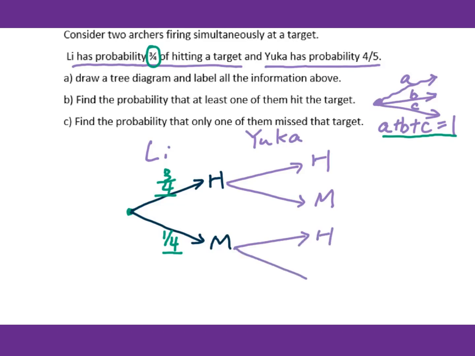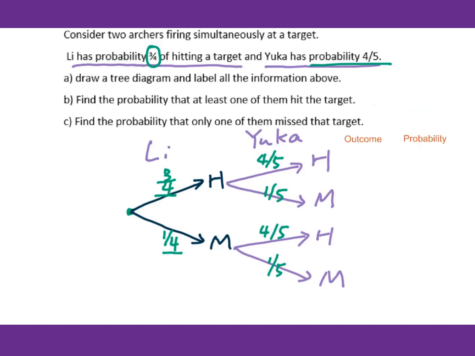Hitting here, missing here. We'll write down the probability for Yuka too. Yuka has a probability 4/5, so here's 4/5. Using the property of a tree diagram, we can get the 1/5 here. This is the 4/5 and a 1/5.